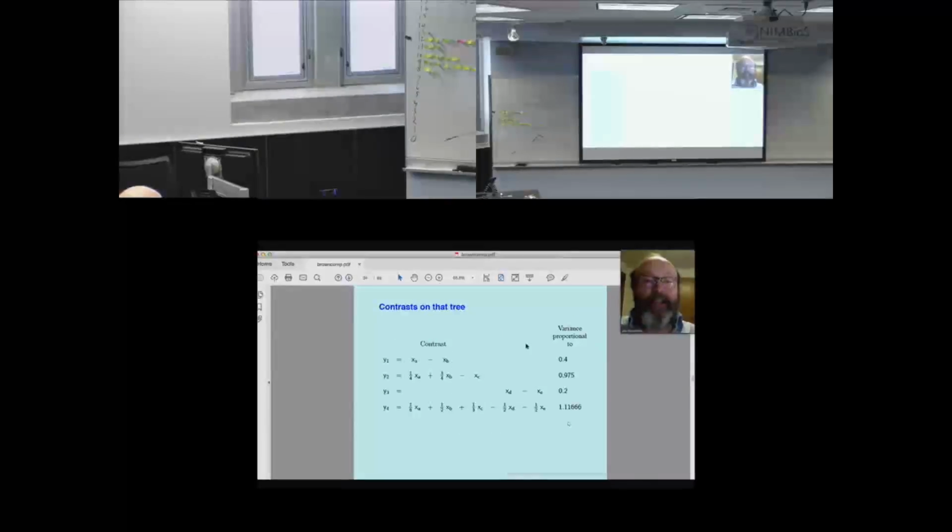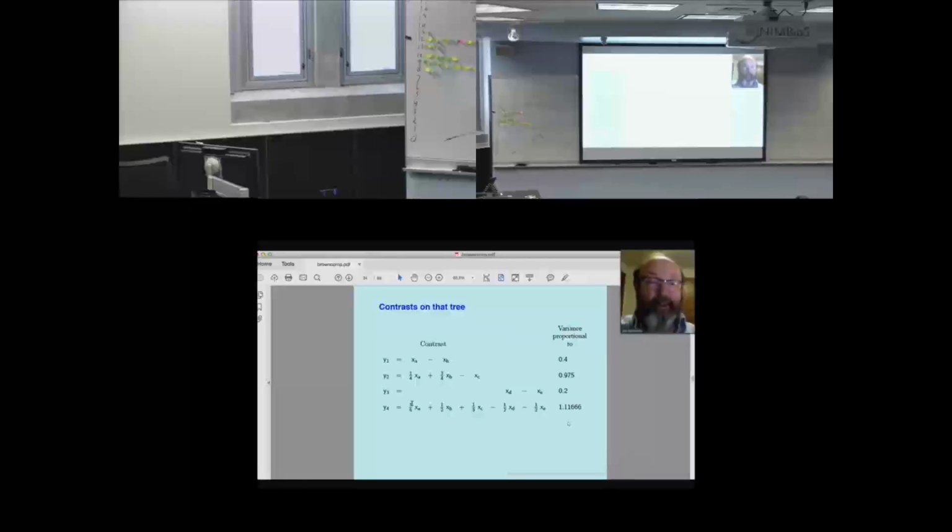So in this case, you have 0.4 as the variance of this difference is proportional to 0.4. The variance of the difference between D and E is proportional to 0.2. If you look on the tree, you'll see they each have a branch length of 0.1. The variance of the weighted average of A and B with C will have a variance proportional to 0.975.